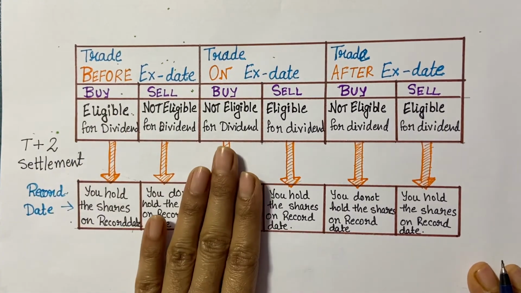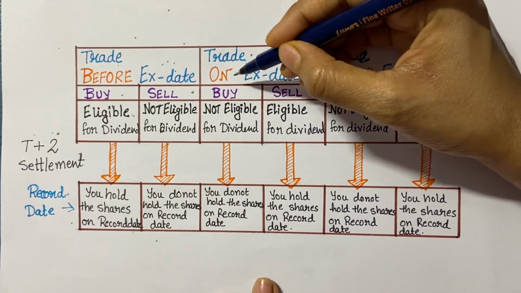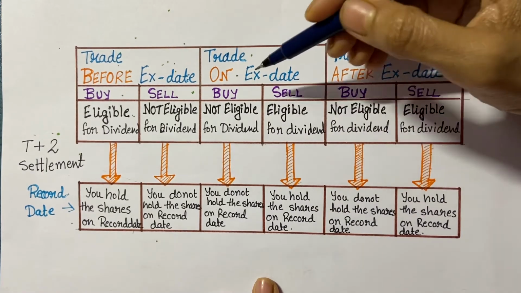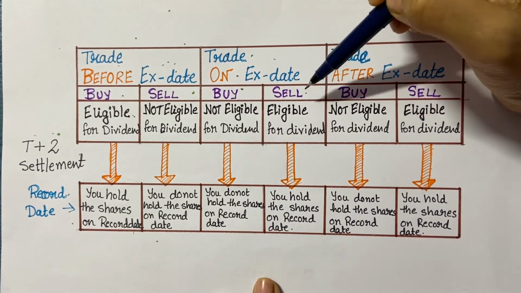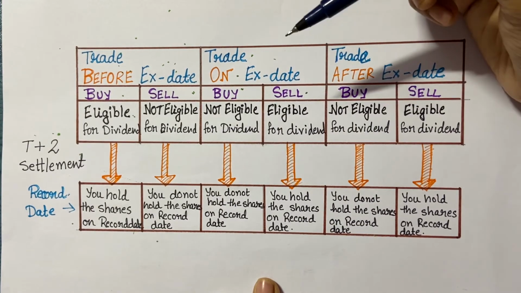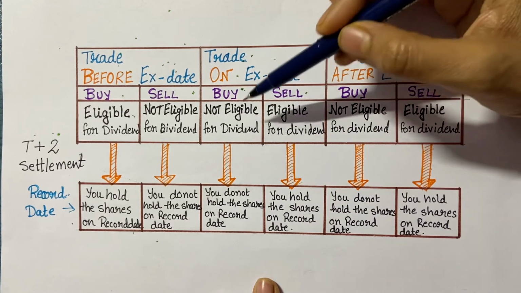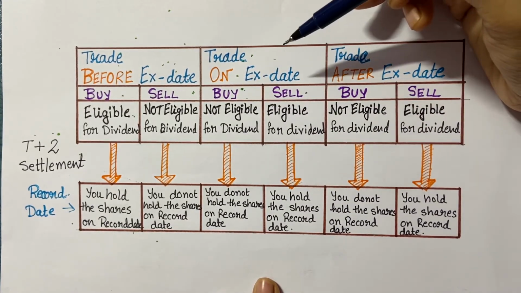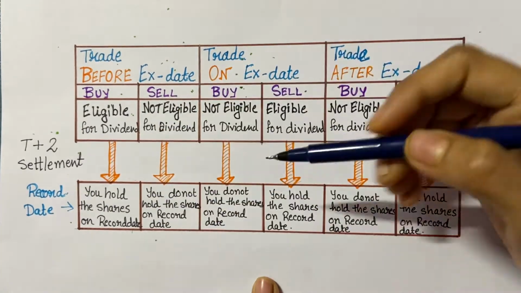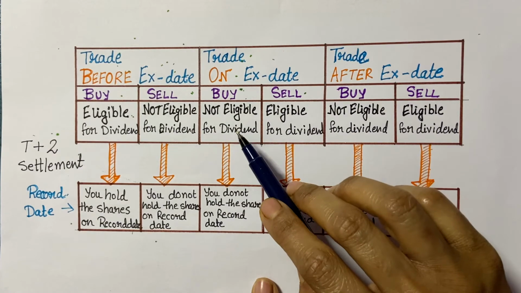Now, the trickiest part is if you have a trade on the X date. How is a buy trade or a sell trade on the X date going to impact? If you have a buy trade on the X date, you will get those shares after T plus 2 days, so on the record date you still don't have those shares, and you won't be eligible for the dividend.